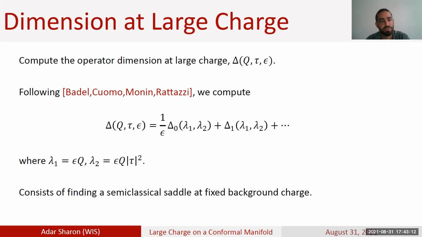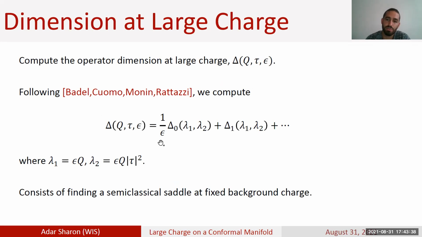To compute this minimal operator dimension for a fixed charge, we're going to follow this paper cited here, where they explain how to do this computation at weak coupling or in the epsilon expansion. So they did this for the O(2) model, and we're going to focus on this conformal manifold. The paper explains how to compute the scaling dimension in this double scaling limit.